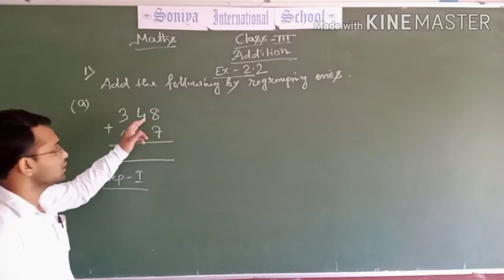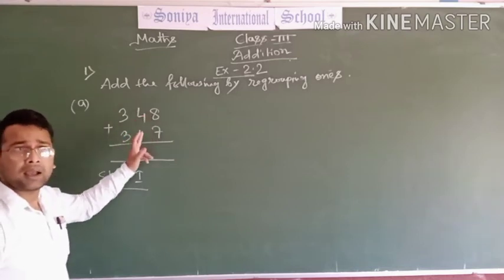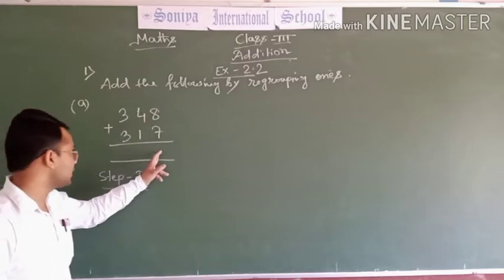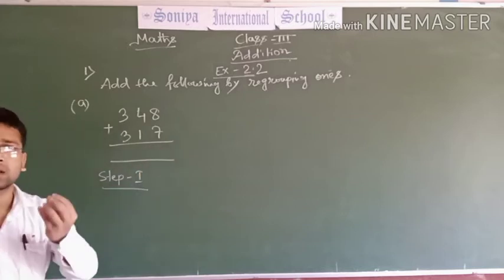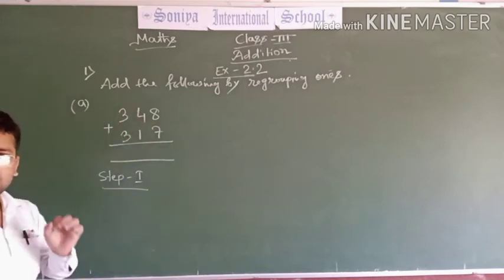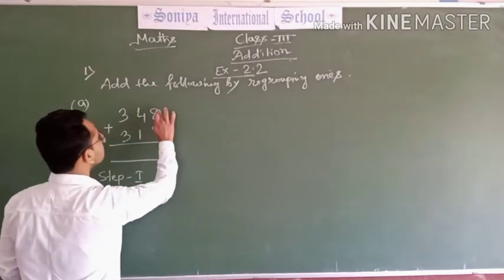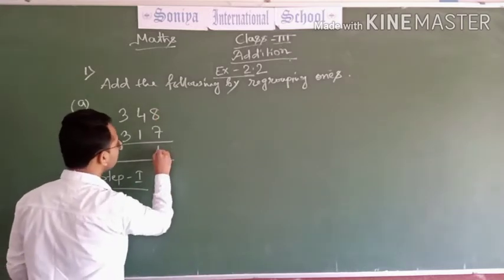Step 1: add only the ones places and carry forward. Whenever you get greater than 9, carry forward to the tens place. Is that clear? So 8 and 7 is equal to 15.